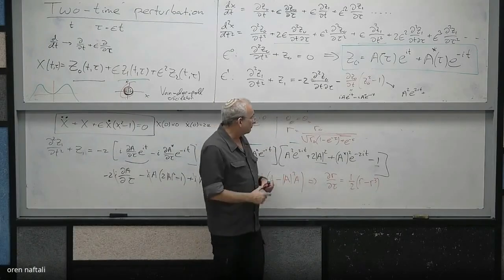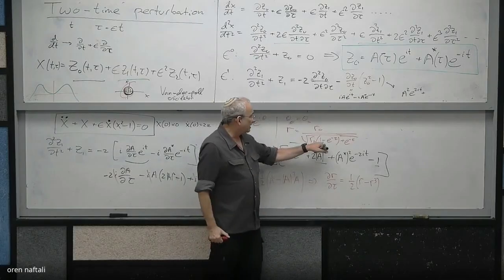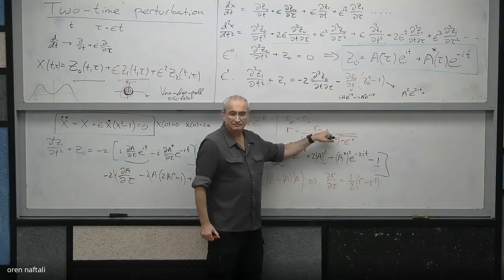So first of all, when tau is 0, here I have 1 minus 1, and here I have 1, so it's R naught. You see?